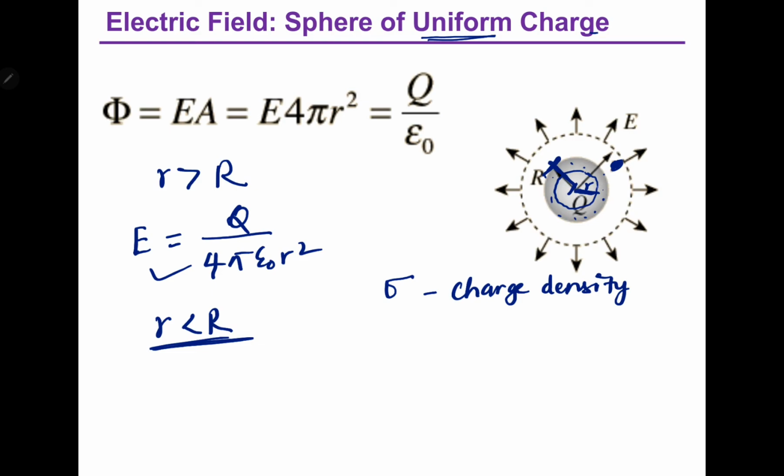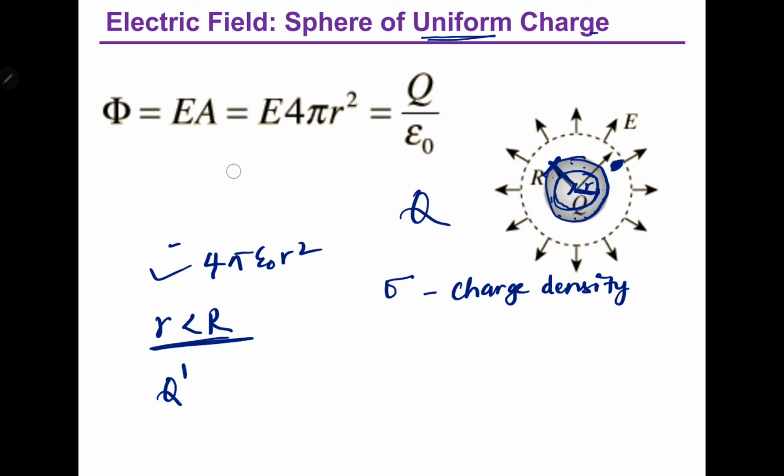You have to subtract the charge outside. To get that, let's say the charge enclosed is q dash. The charge inside this Gaussian surface, inside this one, is q dash, and the overall charge of this sphere is Q, right? That was Q, that we know.